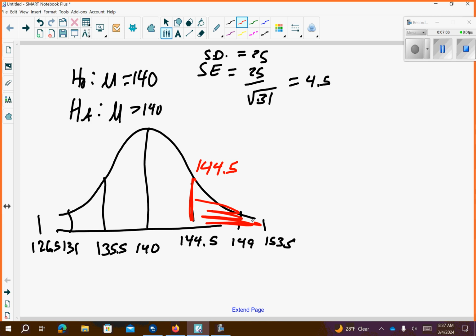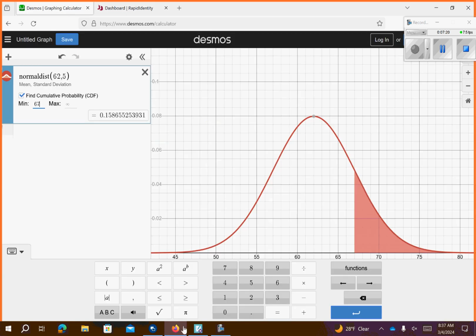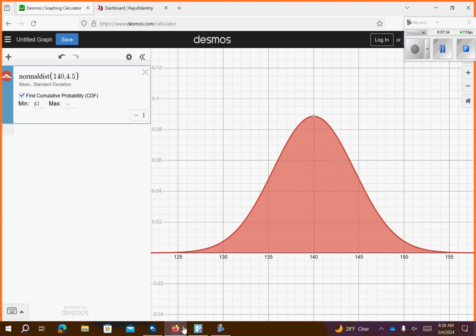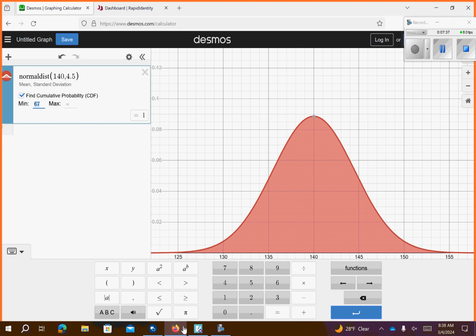Let's go ahead and figure out the p-value now. How do we find the p-value with this information? Go to the calculator, into Desmos. So we're saying 140, we said the standard error was 4.5, and then we're going to figure out the area from 144.5 or greater. So we have 15.9%, or 0.159.